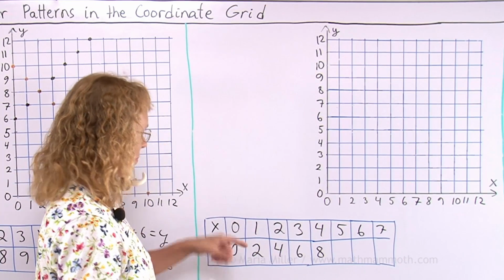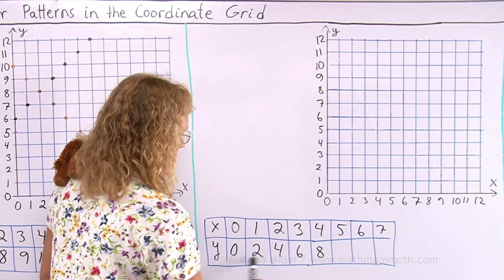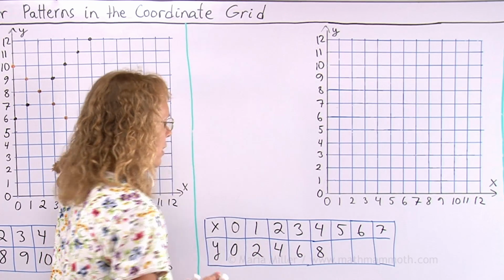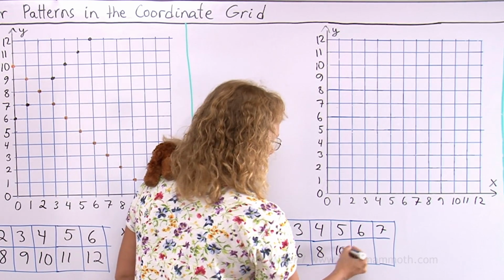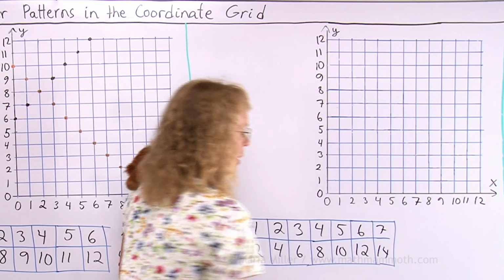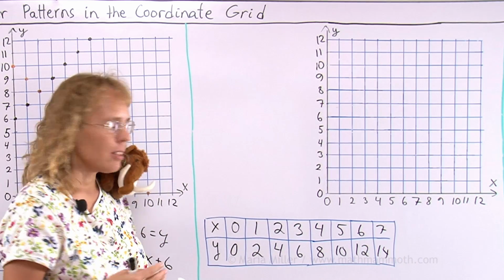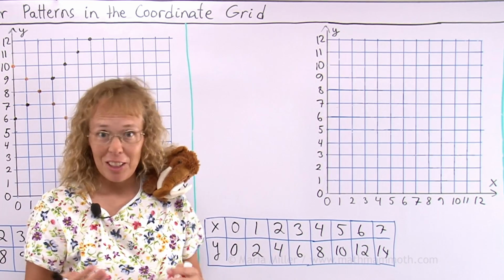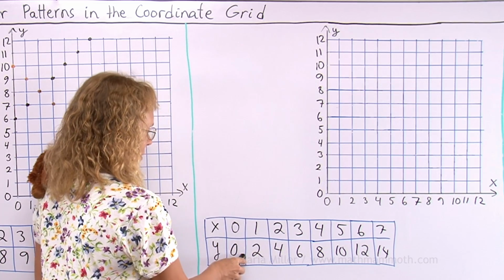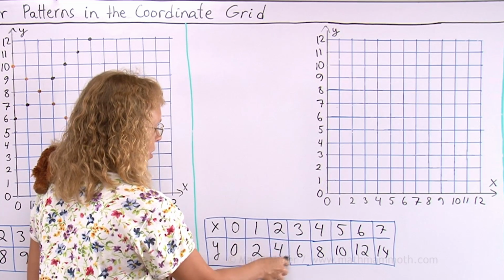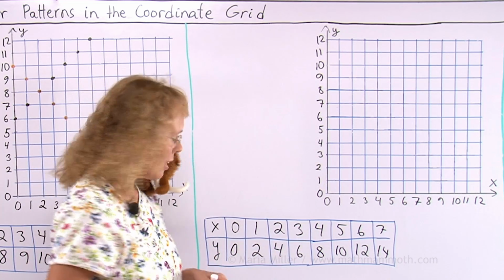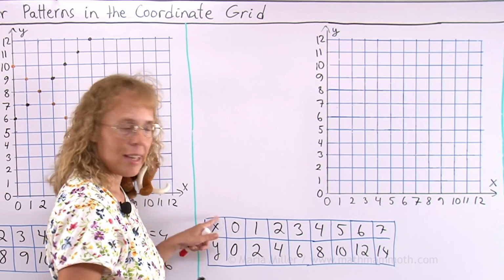Next one. It seems that my y's are going by 2, so I could fill it in that way, right? 10, 12, 14. But can you tell what the pattern is if we want to write an equation about it? 0, 0, 1, 2, 2, 4, 3, 6. Can you see it? This number is always double x.